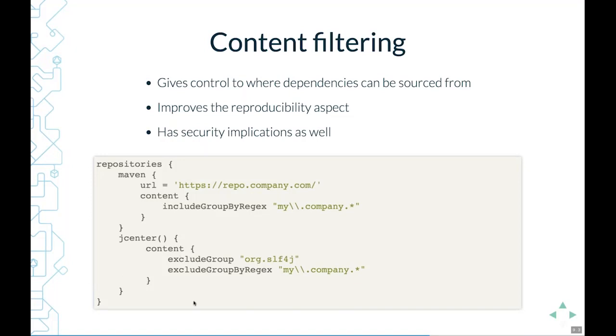Actually, you can really make sure that it is not going to be found in the second one by excluding it in the second one. So JCenter says, I don't want to find SLF4J from JCenter because, I don't know, maybe it has been compromised there. And you know that it has been compromised too, so you don't want to find it from this repository. And you're sure that you're not going to find my company artifacts there.